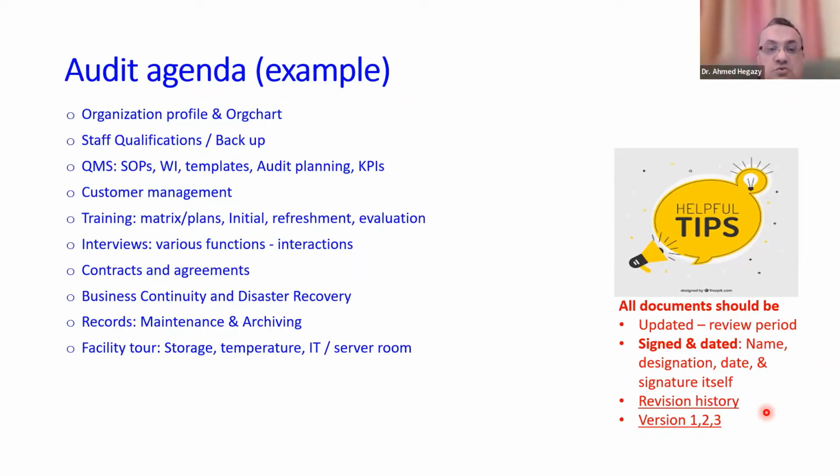So I have to ensure that all my documents are updated. There is something called the review period. If I make standard operating procedure, or I have a job description, or whatever document, is it just done once in my life, or it should be reviewed like every 2 years or every 3 years?